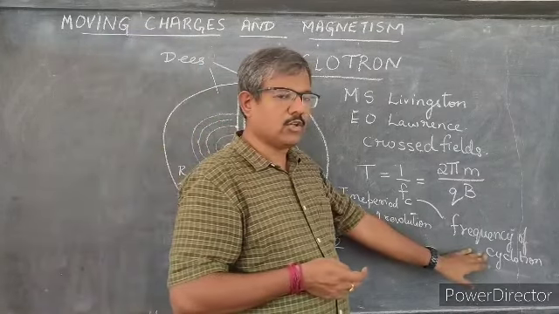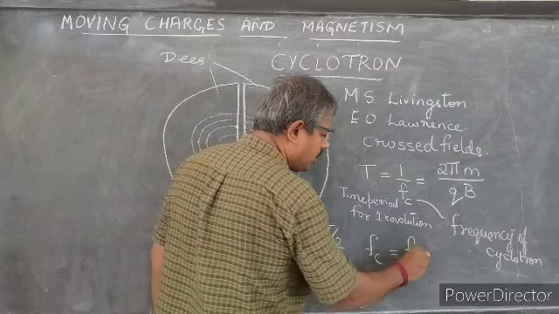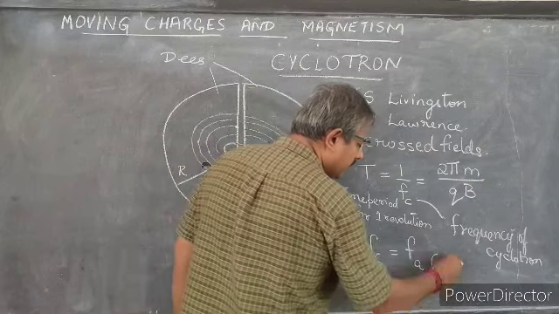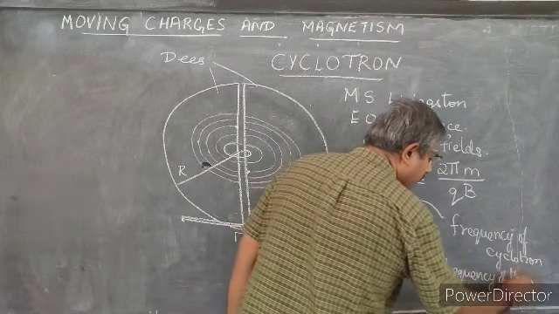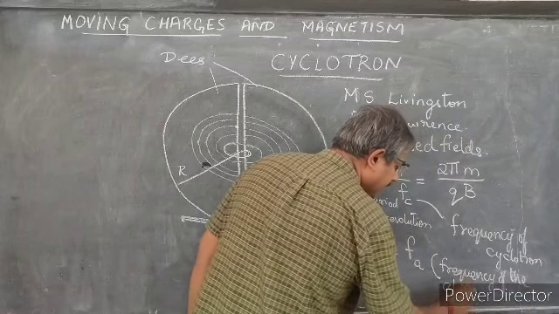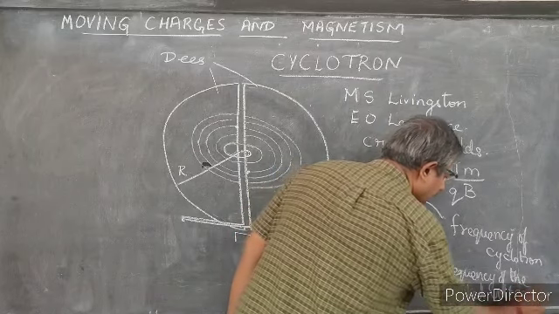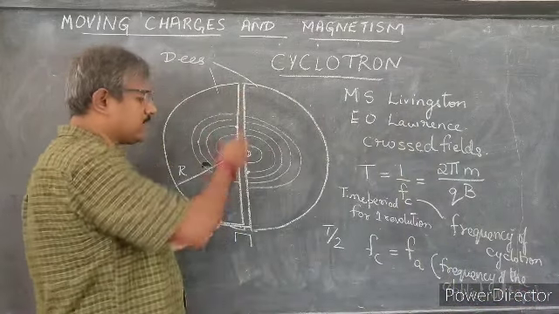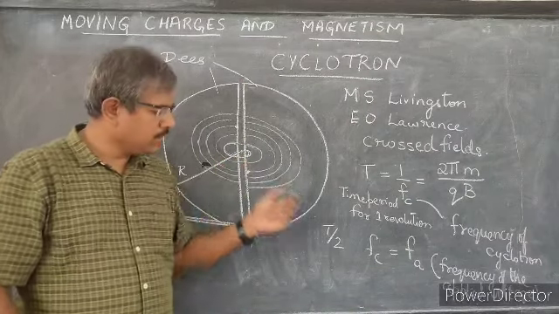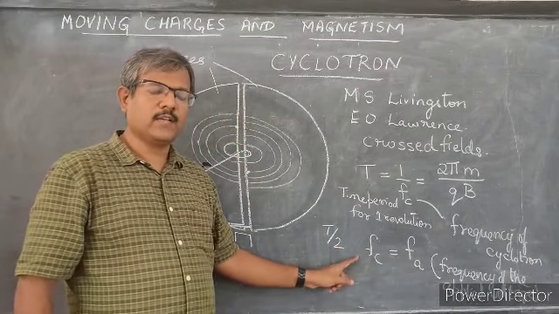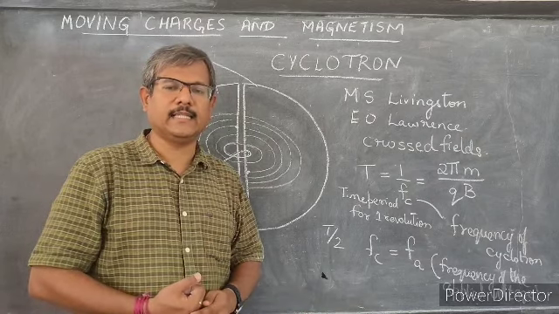Now this frequency of the cyclotron, Fc, should be equal to what I call Fa, the frequency of the applied voltage. So the applied voltage of the electric field between the two semicircular discs should be equal to the frequency of the cyclotron, or the number of revolutions that the particle is completing in 1 second.